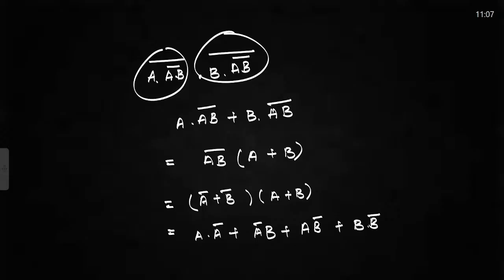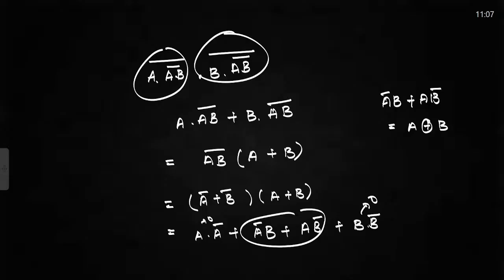So this one is 0 and this one is 0. So what is the remaining? That is A bar B plus A B bar, which is equal to A XOR B. Okay, so I think we have verified this one.